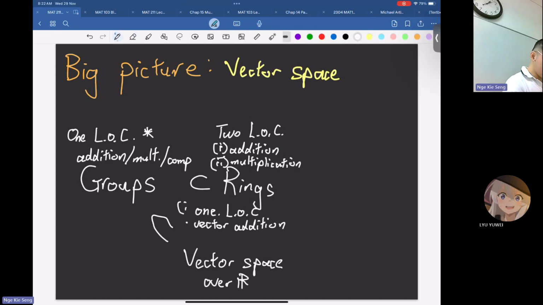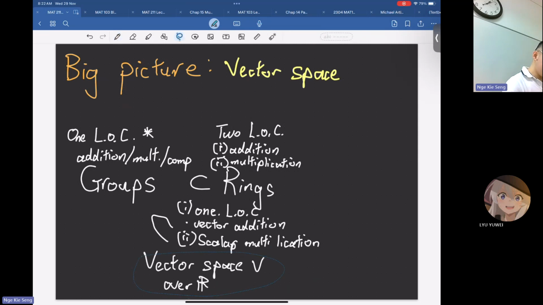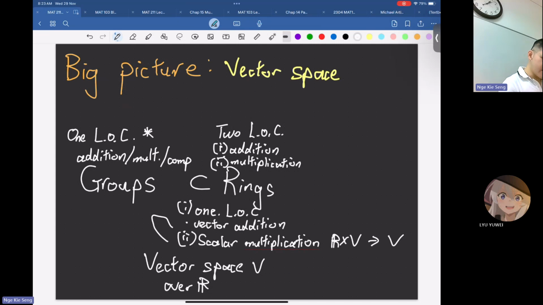So here is 1, here is 2. The second thing you have on a vector space is scalar multiplication. Let's say your vector space is over R, then your scalar is R. Let's call my vector space V. Scalar multiplication is a map from R cross V to V. So you have an R action on your V. It's a group action.